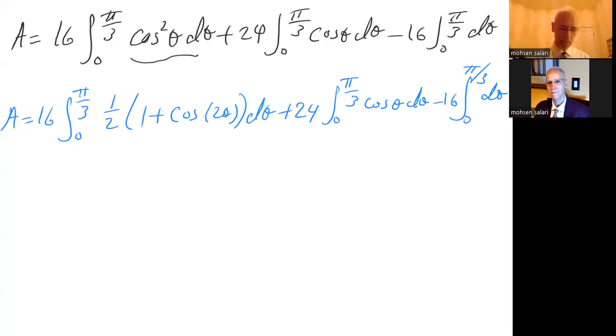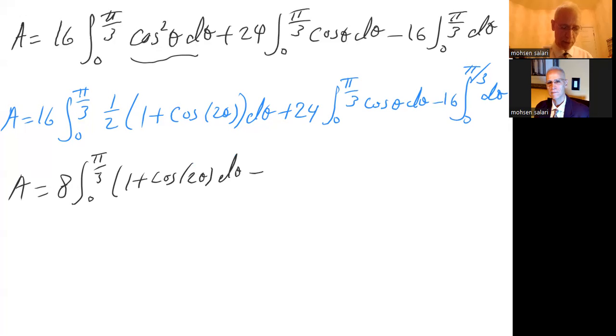Okay. So the first one I can claim is the same as 1/2 times 16, which is 8, times the integral from 0 to pi over 3 of 1 plus cosine of 2 theta d theta, plus the second and third parts. Now I'm going to go ahead and take my integral.